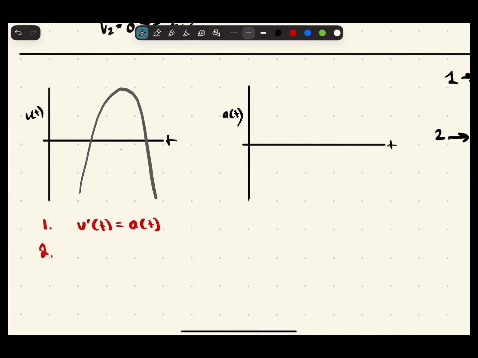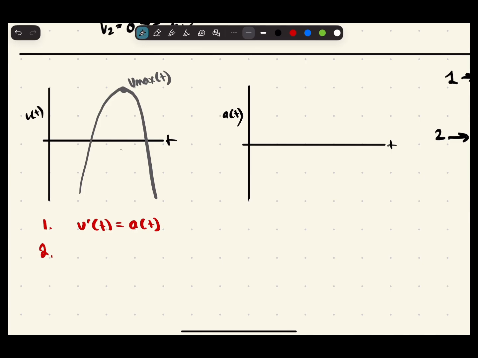Let's say this is a graph of velocity with respect to time. If I were to ask you, at what point is the velocity at its max, or in other words, when is this object at its fastest? You would say right here.